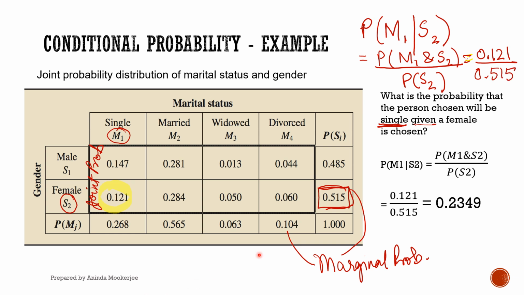And then the calculation is done here. We got a value of 0.2349. Now you can round this up to 0.235. Please do not round to anything less than 3 decimal places. You can round this up to 0.235, but please don't make it 0.24. So this is the way we go about finding conditional probability, and we'll go through some more examples in the worksheets. Okay.